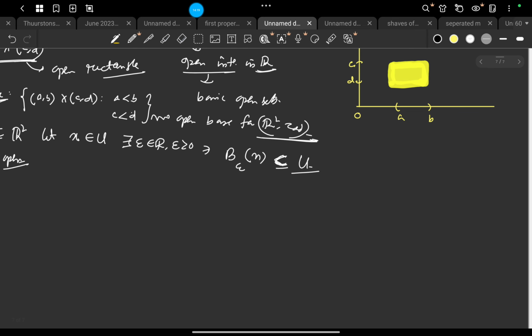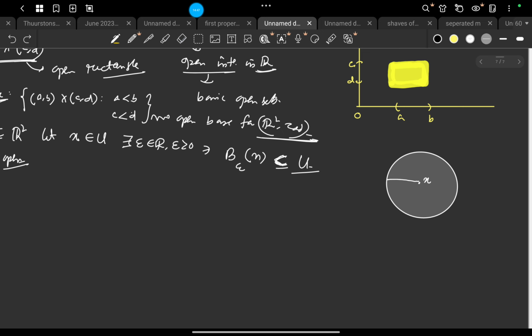Now let us consider an open rectangle like this, with its center at my small x. So what will be this point?